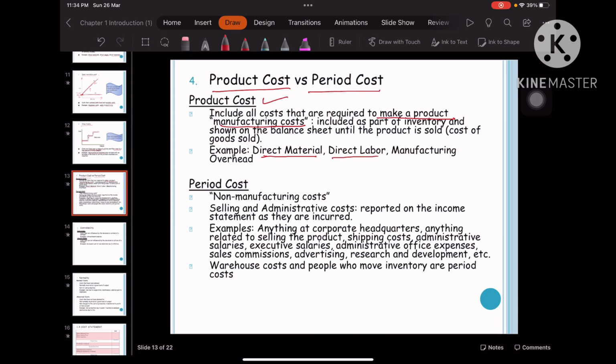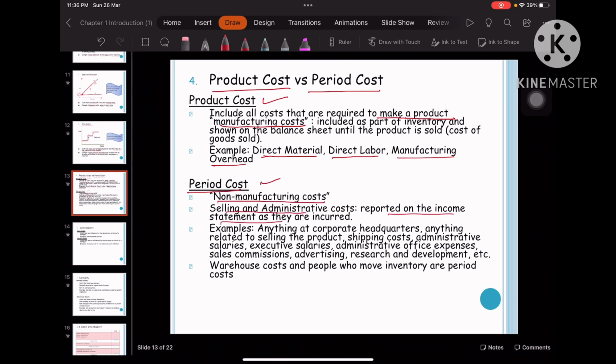And then we need the direct labor, or the factory workers who work to make the car. And then we also have the manufacturing overhead, which means the other costs not related to direct material, direct labor, or the other indirect costs in a factory. So this is what we call product cost.